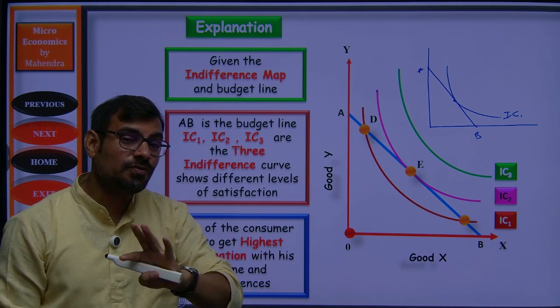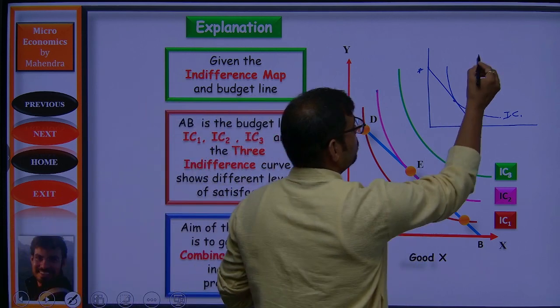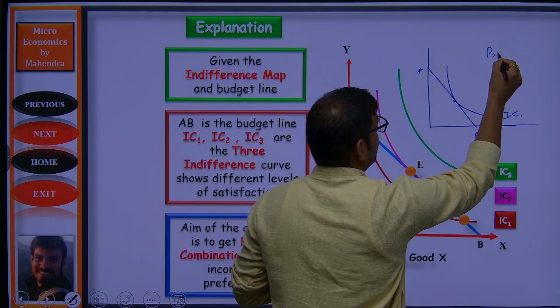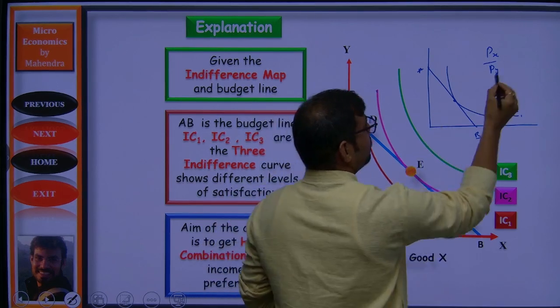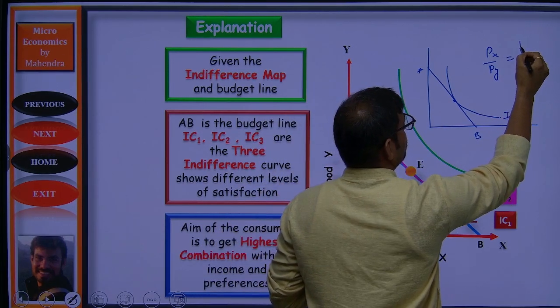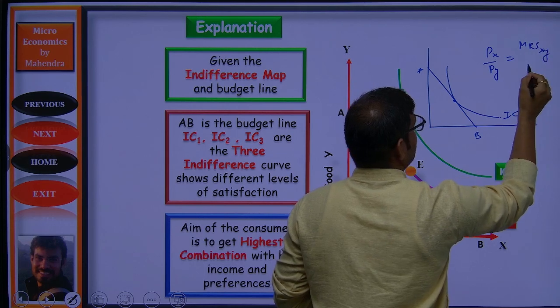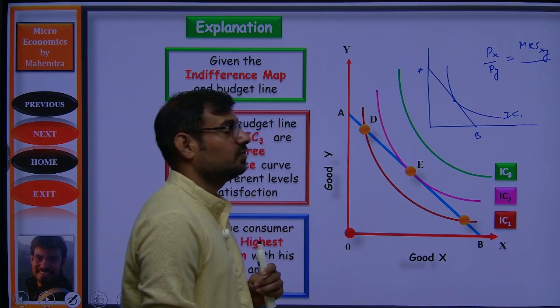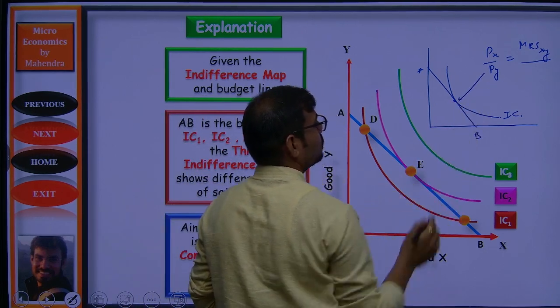Now, what is the slope of the budget line? The slope of the budget line is Px upon Py. And what is the slope of the indifference curve? MRS xy. So जहां ये दोनों बराबर होता है वही हमारा इक्विलिब्रियम होता है.